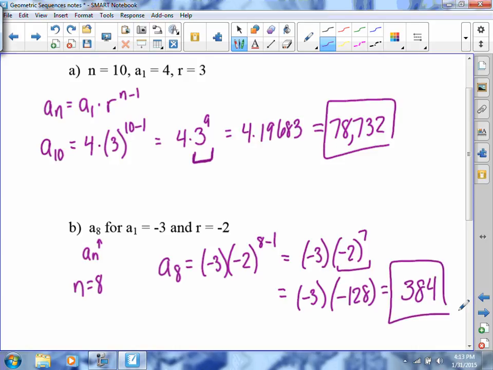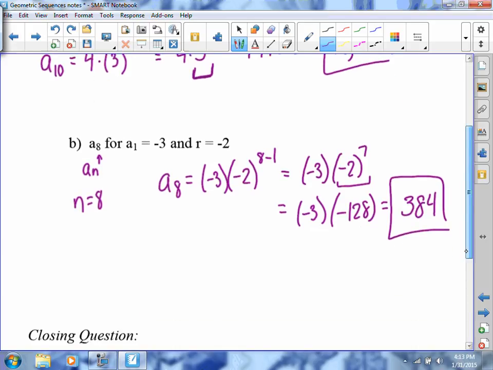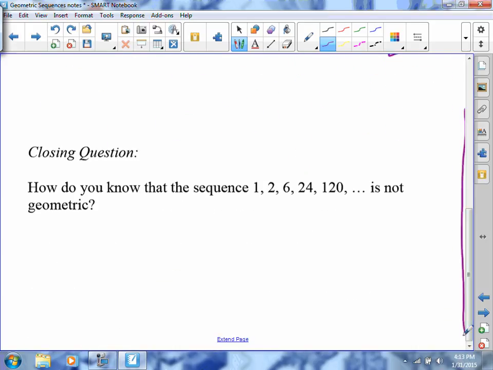All right, one more question before we go. How do you know that this sequence, 1, 2, 6, 24, 120, is not geometric?